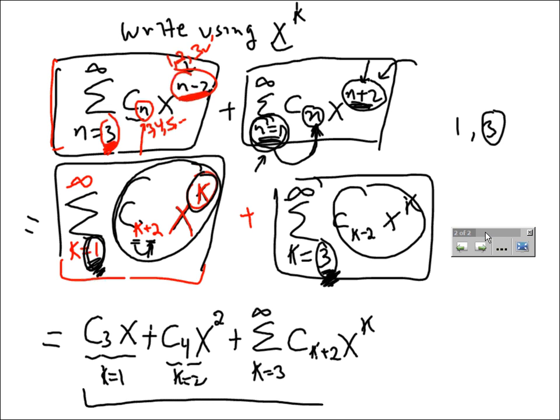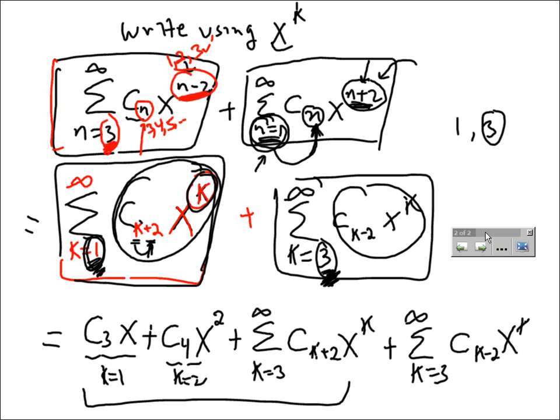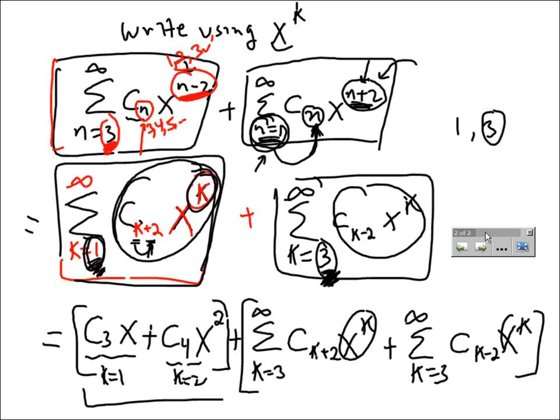What I've written so far is just this. So I have to add on the rest. The summation as k goes from 3 to infinity plus c sub k minus 2 x to the k. Now we have two concrete pieces. We have this piece plus that piece. Well, that piece we can factor out an x to the k.